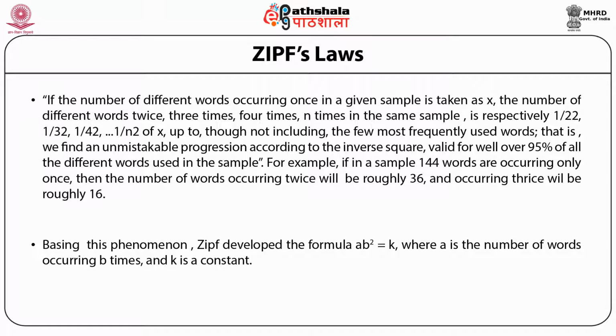Step 13. Convert the file into a table with 3 columns, that is, rank, frequency, and rank into frequency. Step 14. Sort the table according to descending frequencies. Step 15. Compute rank into frequency.